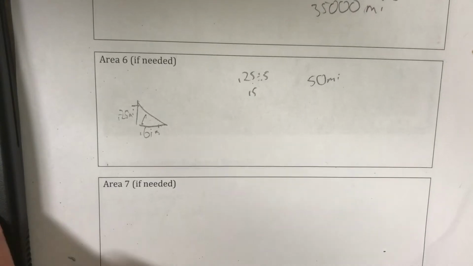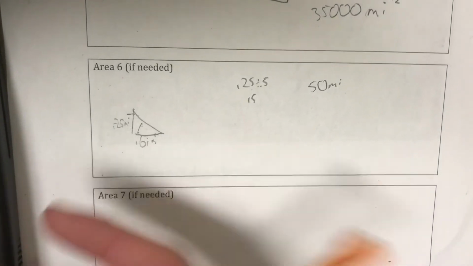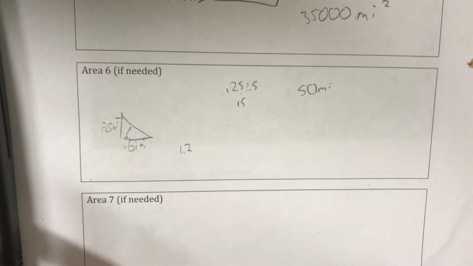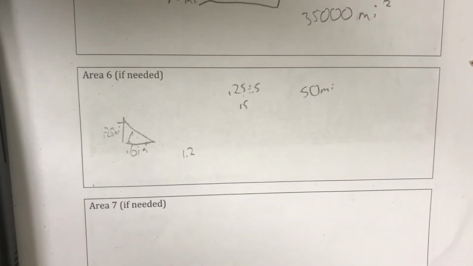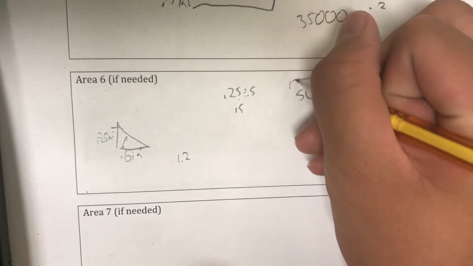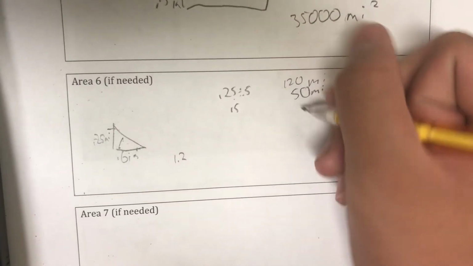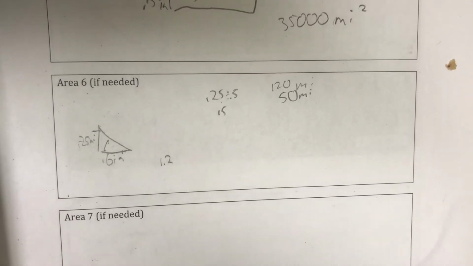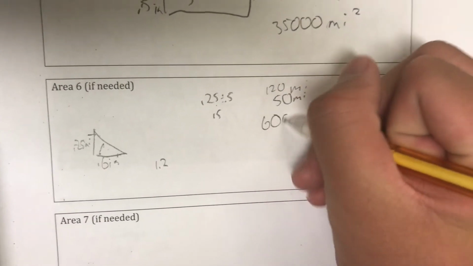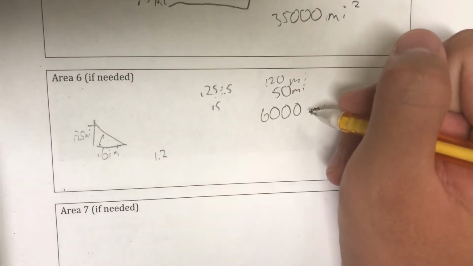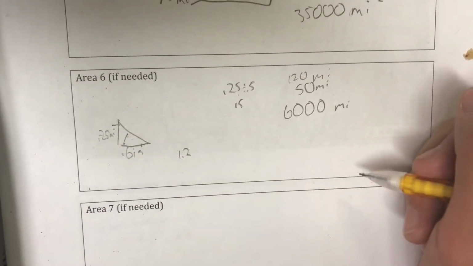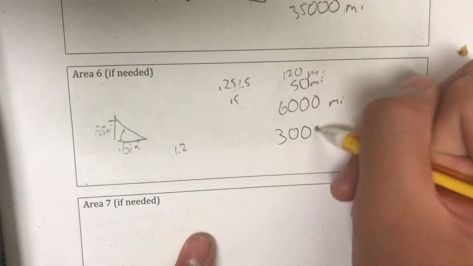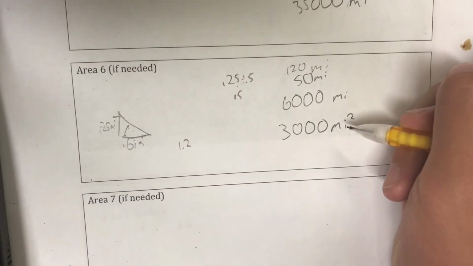So it's 0.6 divided by 0.5. We get 1.2, and we multiply that by 100 to get our base in miles. That gives us 120. Now we multiply our base and our height together, and we end up with 6,000. But because it is a triangle, we have to multiply it by 1/2 or divide it by 2. And that ends up giving us 3,000 miles squared because it is the area of a triangle.